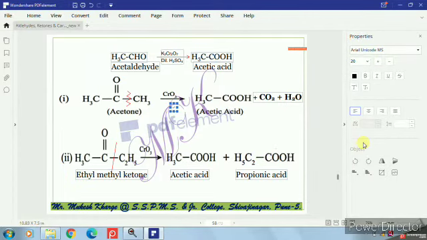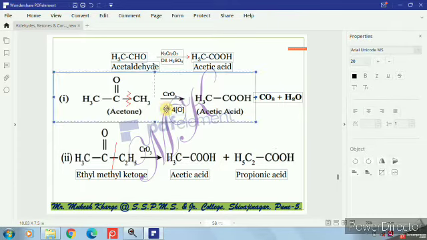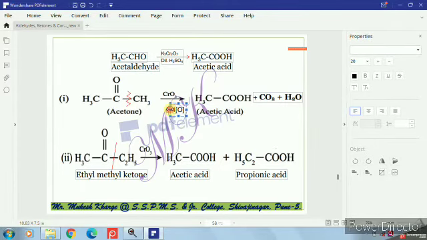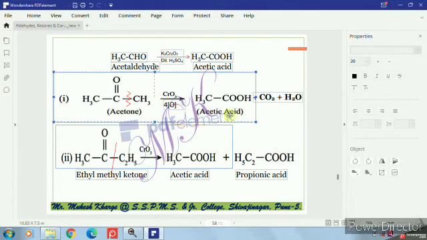Okay, so we can add 4 oxygen for balancing the equation. In this way you can balance the equation.